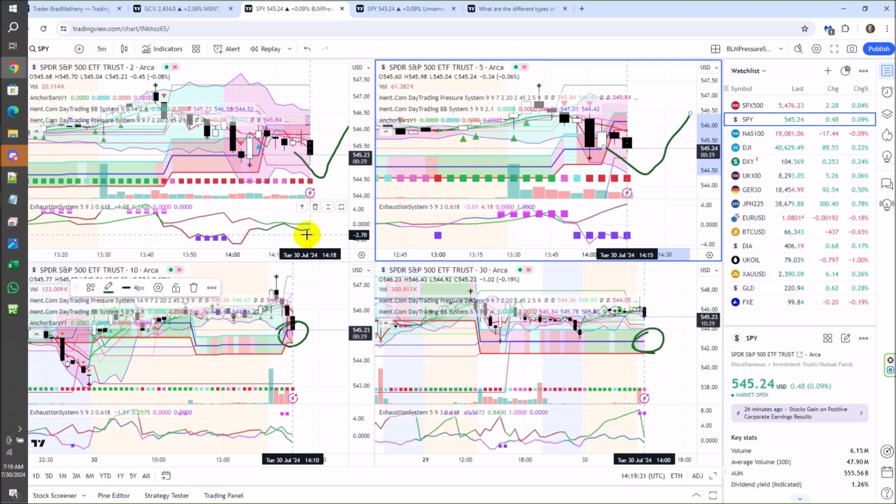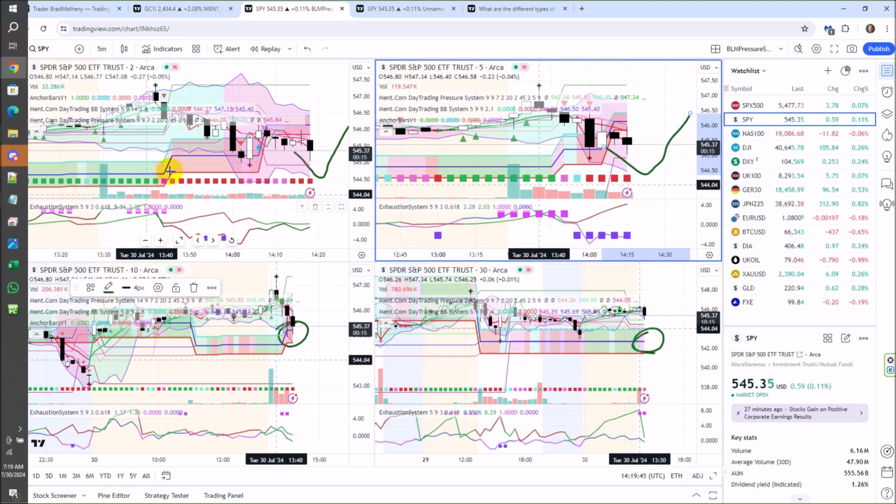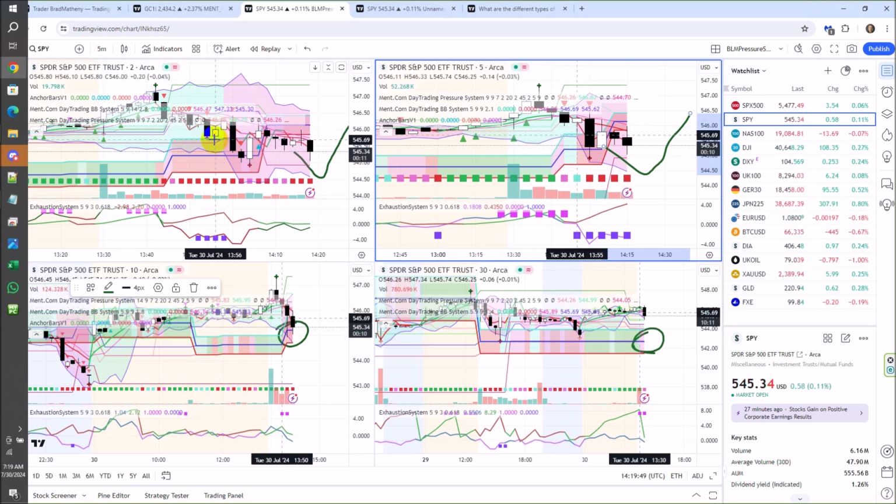We're just not seeing a lot of momentum. This pressure system is kind of like momentum, but I built it so that it mimics the RSI. If you know anything about an RSI indicator, relative strength, it measures close-to-close ratios. How far did it move higher?